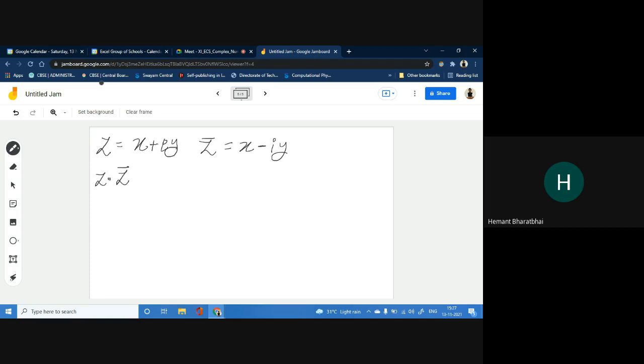So we have seen multiplication of complex numbers also, so this is just an extension of that.